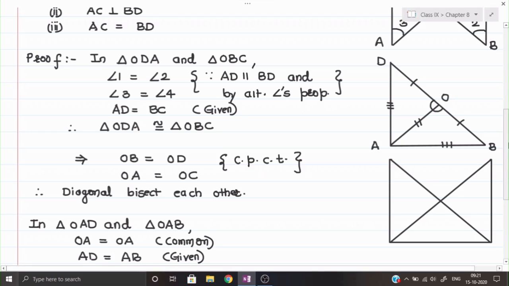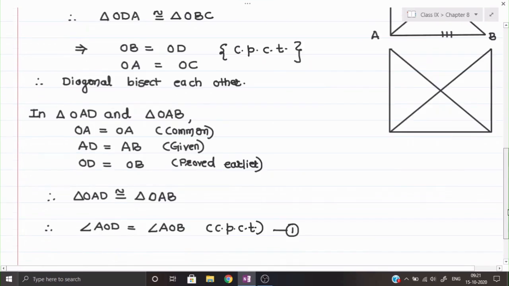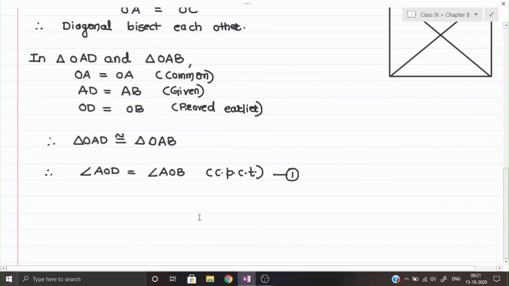So now we shall write down further: since angle AOD plus angle AOB is equal to 180 degrees. Here the reason can be given as linear pair.